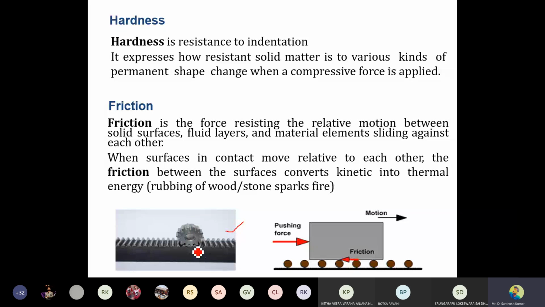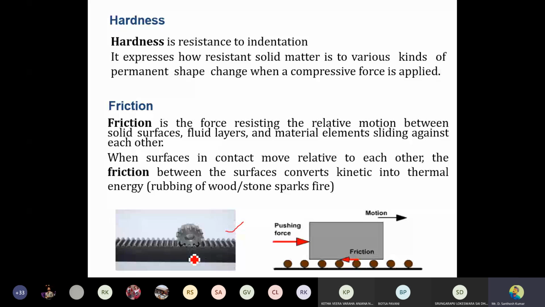So obviously, when there is contact between two metallic surfaces or maybe fluid layers, then friction will develop. Sometimes friction will be more and sometimes friction will be less. So all these will definitely affect the performance of that particular structure or component.